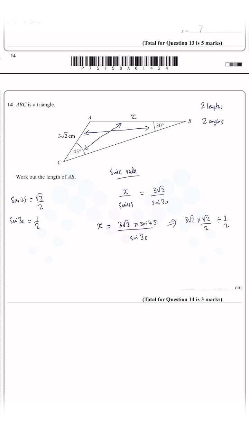So root 2 times root 2 becomes 2 divided by 2, and if I change it to multiplication by 2 over 1, then x is going to be equal to, now the 2s cancel out and that just leaves 3 times 2, so therefore x equals 6, and there you have it. The value of x, the length AB, is 6 centimeters.